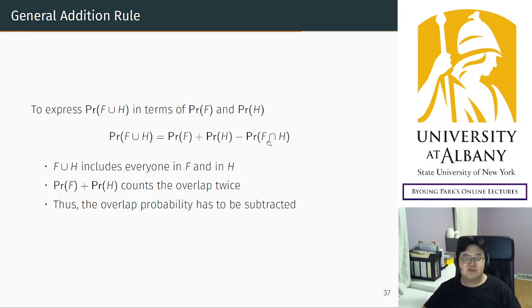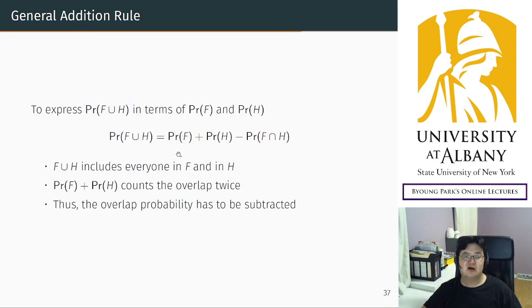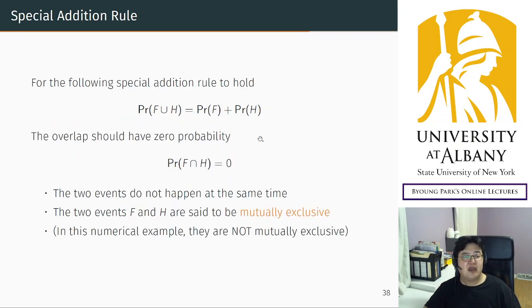But I don't recommend you memorize this rule. The fundamental rule is this. I rather recommend this, but it does not harm if you understand and memorize this. Understand the intuition of why we get this.